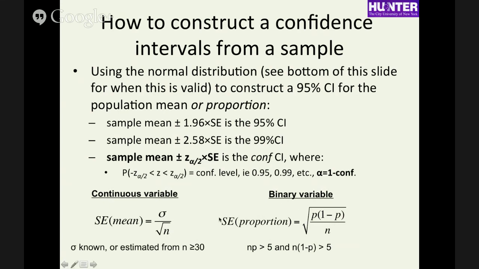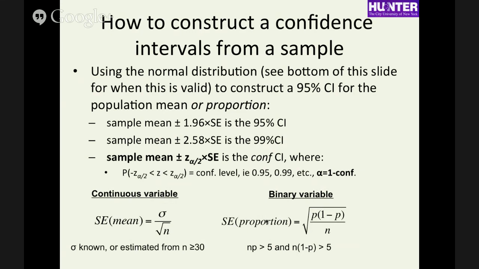And it's the same thing whether we're talking about a continuous variable and the standard error of the mean, or a binary variable with a standard error on the proportion. As long as you calculate the standard error, then it's the point estimate plus or minus the margin of error to get your confidence interval.